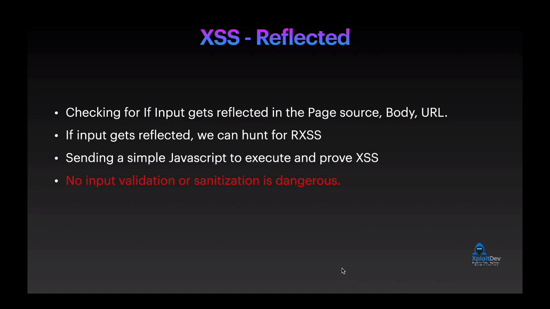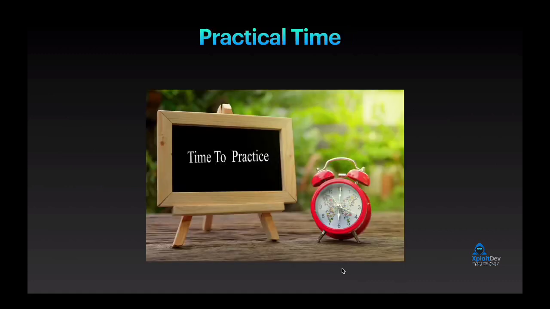We are going to send a simple JavaScript to execute and prove XSS. If there is no input validation or sanitization, then it is very dangerous and there can be a vulnerability of XSS. So yes, this is the practical time now, and let's see how reflected XSS works.